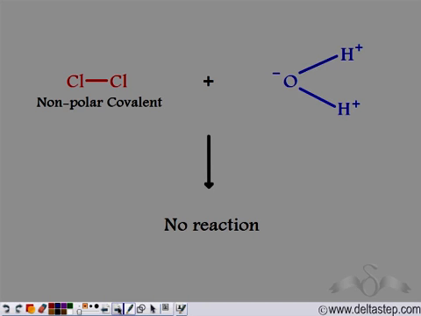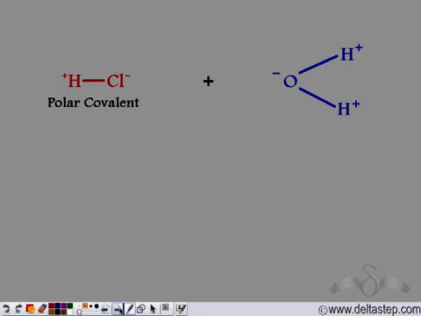Now what happens if we take a polar covalent compound? For example, HCl. In HCl, chlorine is slightly more electronegative than hydrogen. Since chlorine is more electronegative, it tends to attract the shared pair of electrons towards itself. So as it attracts the shared pair of electrons, it becomes slightly negative, and hydrogen therefore becomes slightly positive.